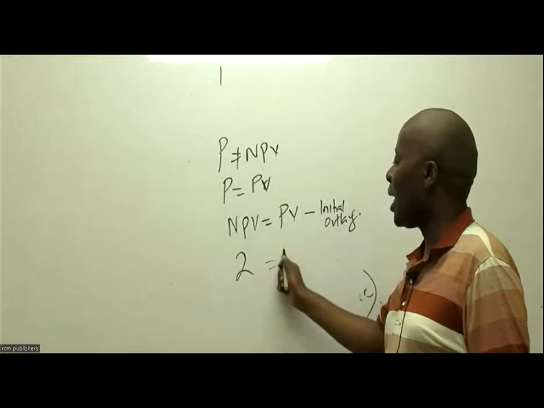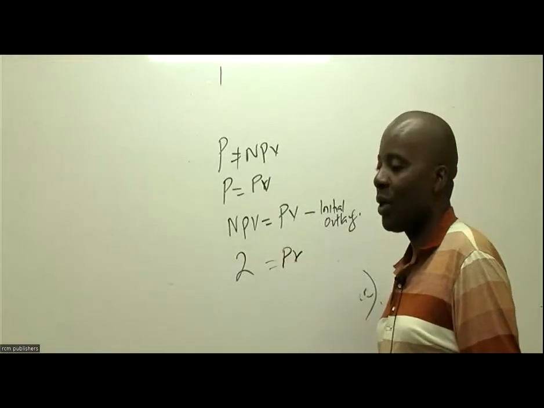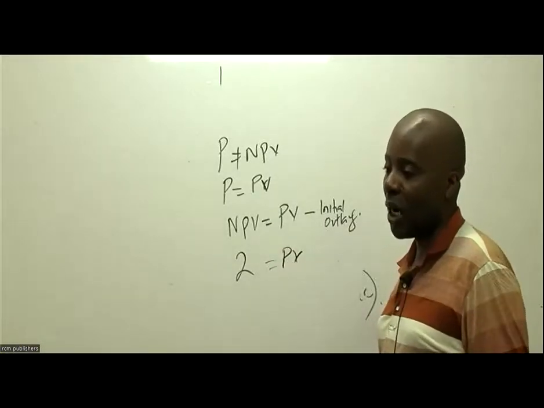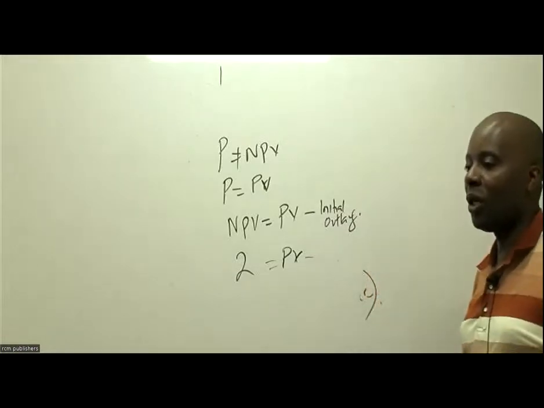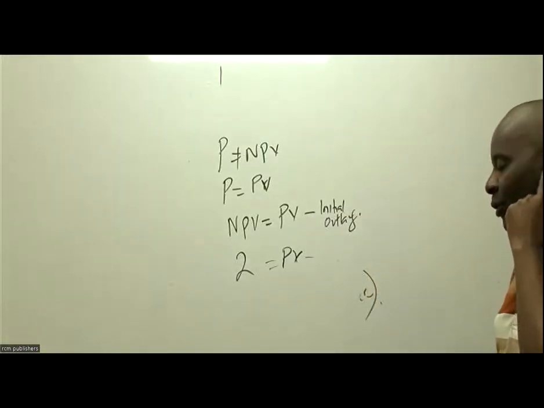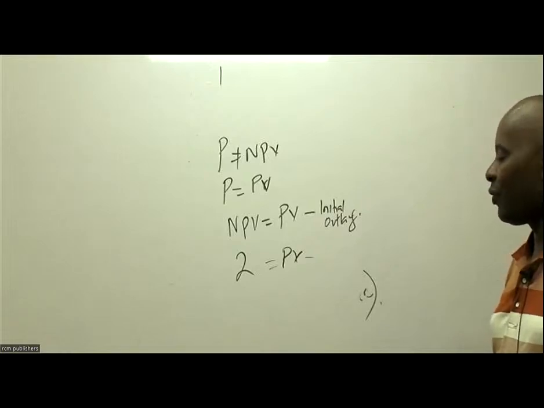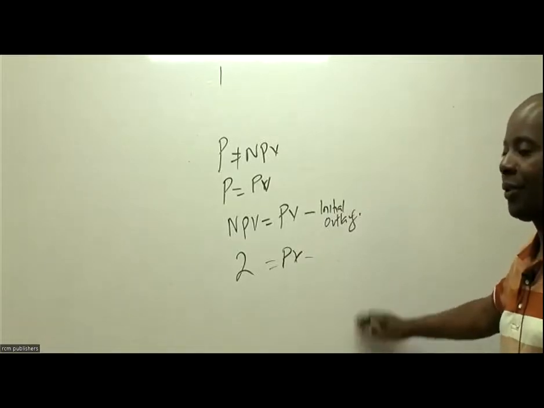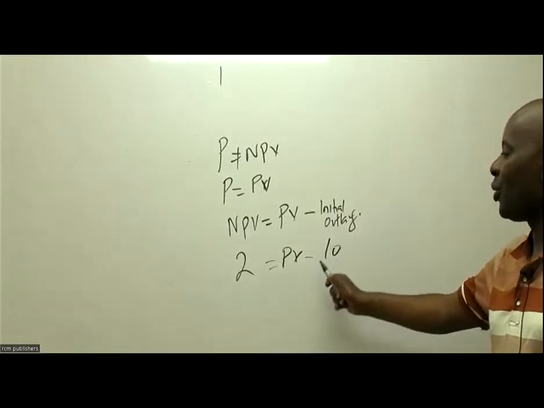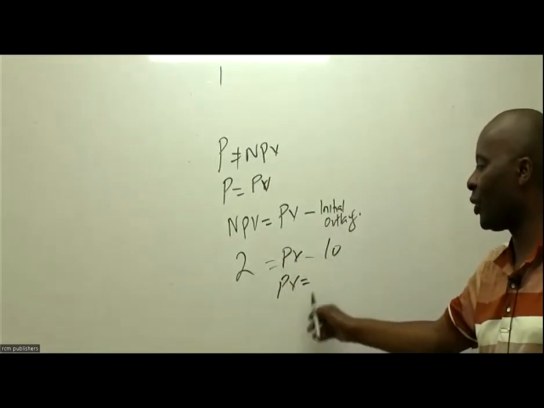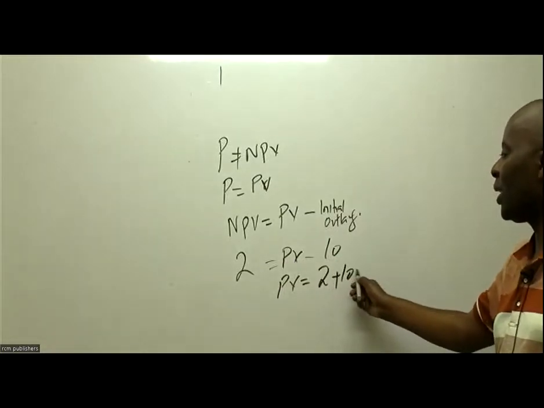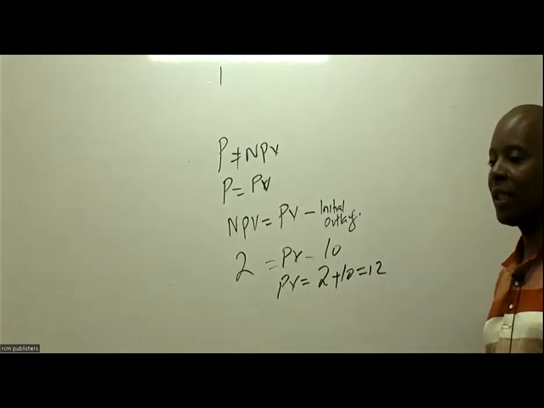They haven't given me present value, but they have given me the initial outlay, of 10. So I'm able to get my present value. If you take this over to the other side, it will be 2 plus 10, which gives me 12.